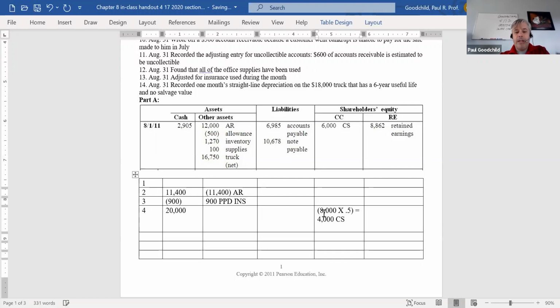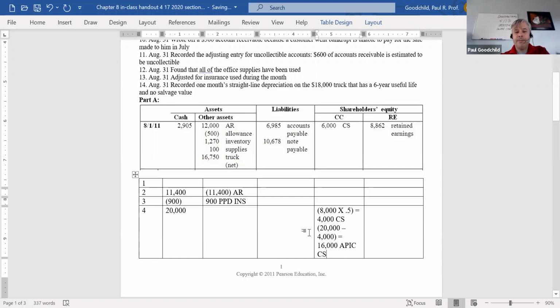And then the remaining 20,000 minus the 4,000 is equal to 16,000 additional paid in capital for common stock.